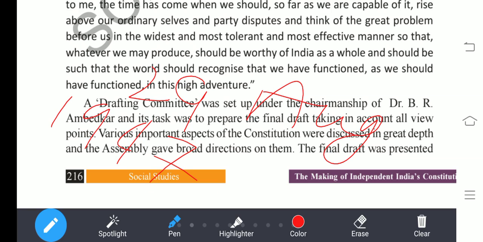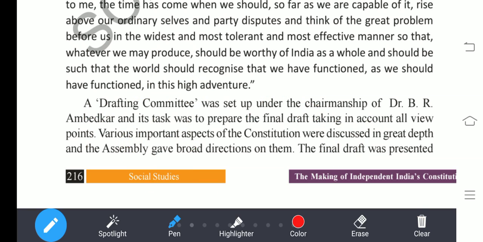Understand? On this day, the drafting committee was set up. Its chairman was Dr. B.R. Ambedkar. And Babu Rajendra Prasad was the president of the Constituent Assembly. Here you have to keep in mind that several committees were appointed by the Constituent Assembly, and one important committee is the drafting committee.